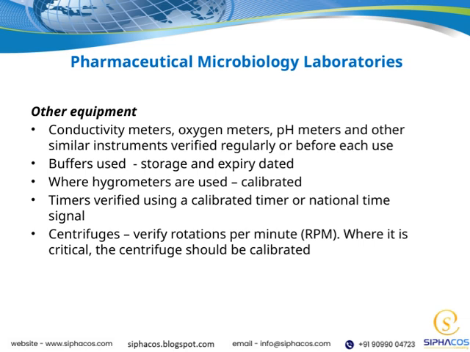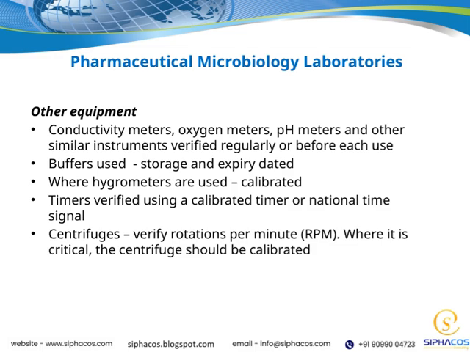If you're working with hygrometers, calibration is key. These need to be calibrated regularly to ensure humidity readings are accurate, which is vital in maintaining proper environmental controls. Timers are another critical piece of equipment. They should be verified with a calibrated timer or synchronized with a national time signal to ensure timing precision during experiments.